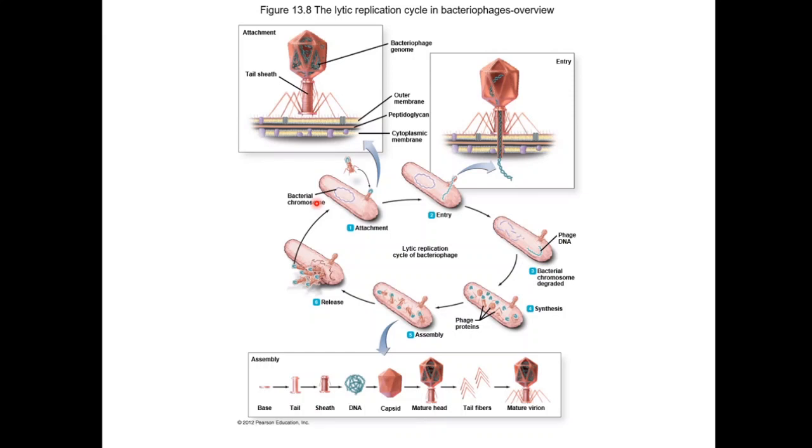Yes, as you have seen, there are some viruses which have the genetic material in the form of RNA, and mostly we know that the host cell has the genetic material in the form of DNA. I want to ask you, here on the lytic replication cycle, I've seen that after the viruses release their genome into the host cytoplasm, the DNA is incorporated in the DNA of the host cell.